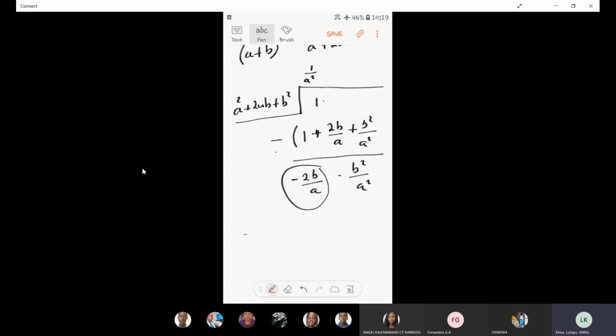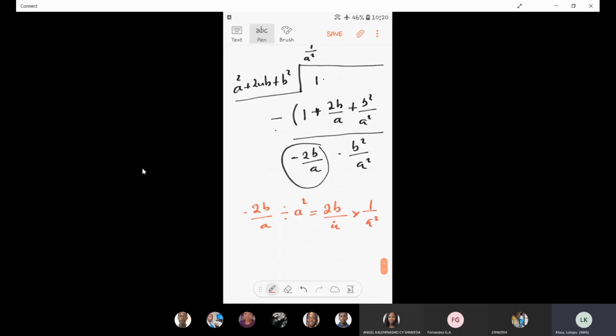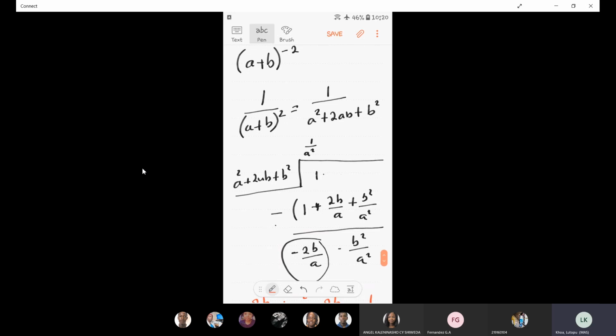So let me write it here. So I have minus 2b over a, and then I divide this by a squared. This is the same as 2b over a times 1 over a squared, and this is just equal to 2b over a to the power of 3. Then when I have this, I always write it on top.